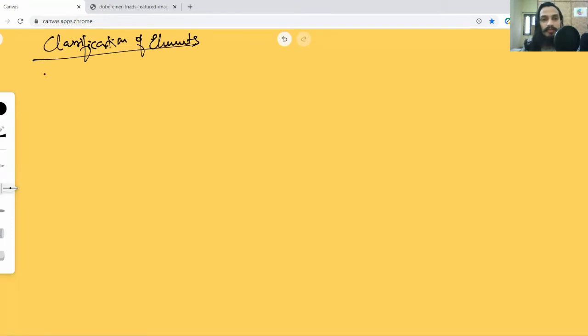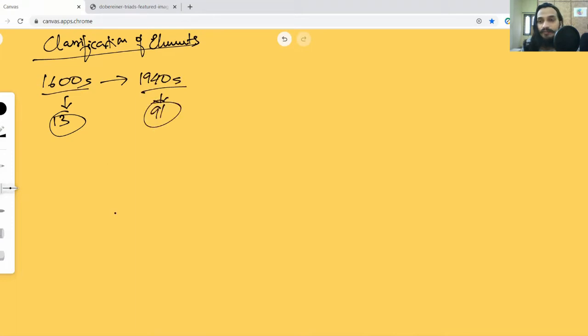Okay, so back in around the 1600s, when people were just starting to define the meaning of the word element, there were not a lot of elements known, maybe around 13 elements only. But as time went on, by the 1940s or so, we had 91 elements on our hands, most of them naturally occurring, right?